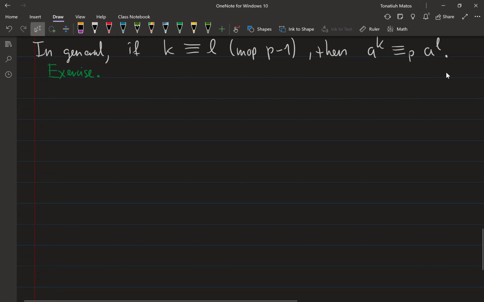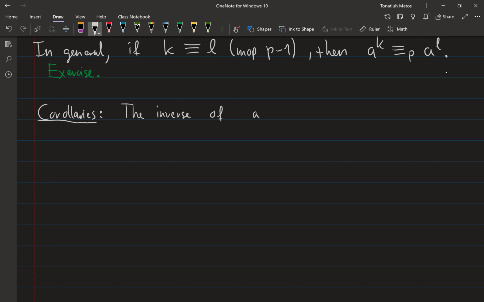There's other things that you can say about consequences. So, corollaries of Fermat's theorem, just some important consequences that might be useful. So the inverse. The inverse of A is always A to the P minus 2.